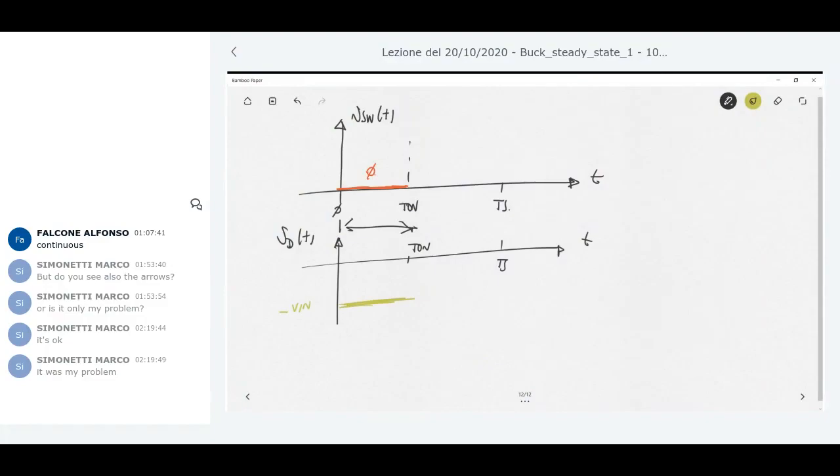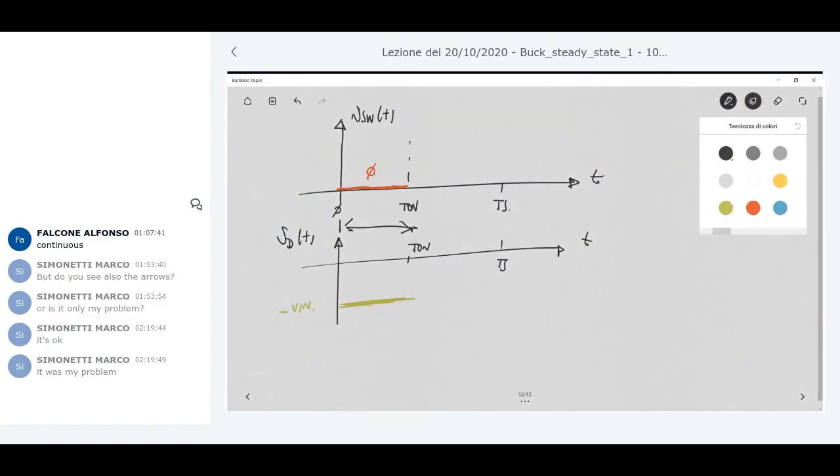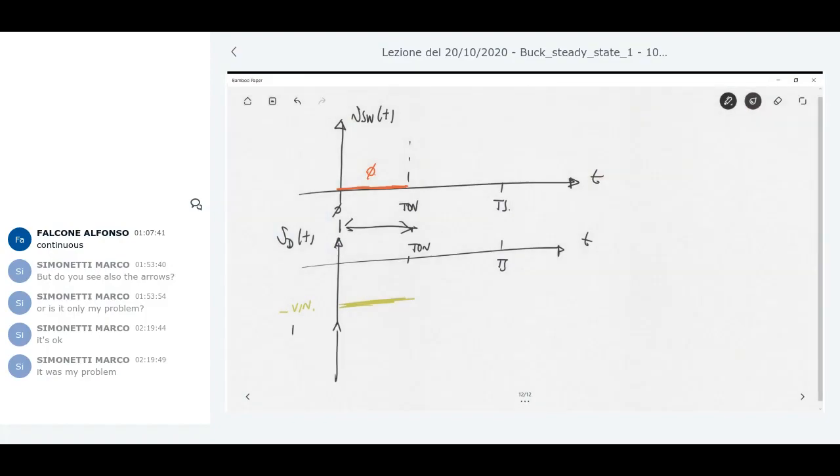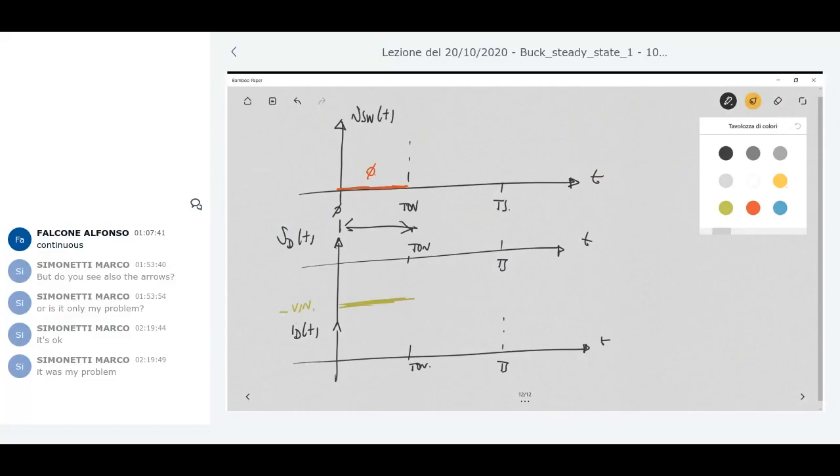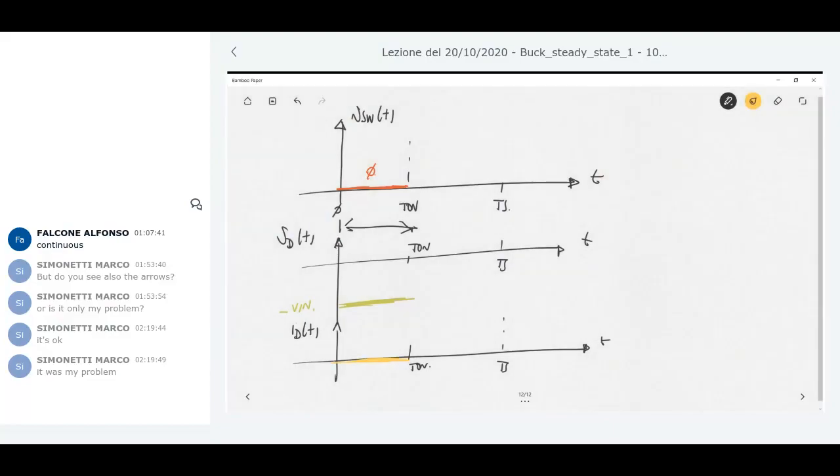The current through the diode, the diode is off in that phase, and so the current through the diode is zero. Okay, I hope that this should be very easy to follow.